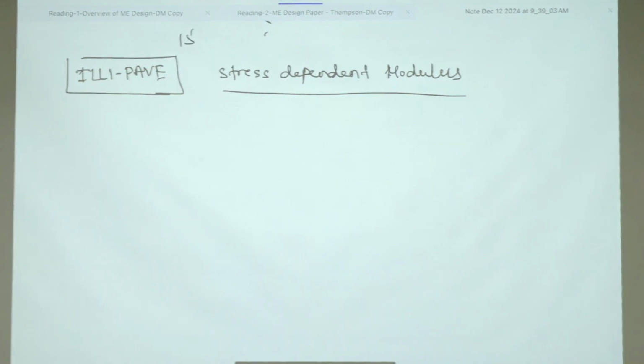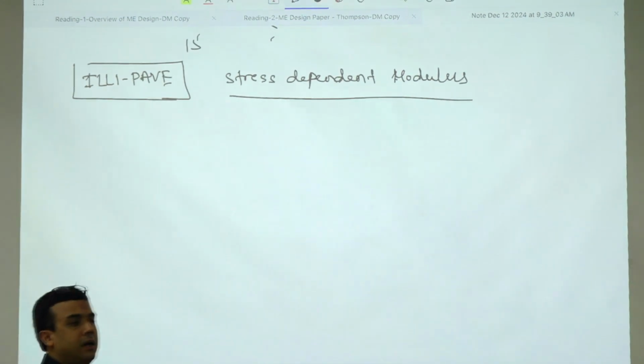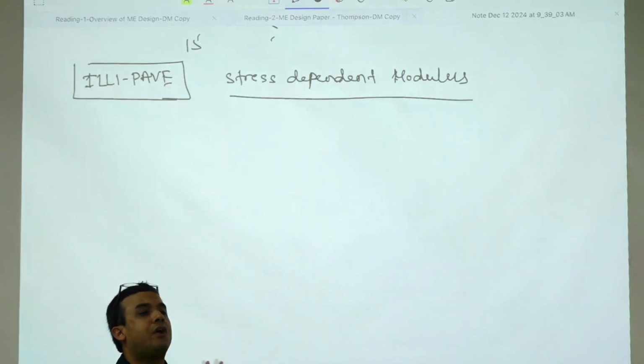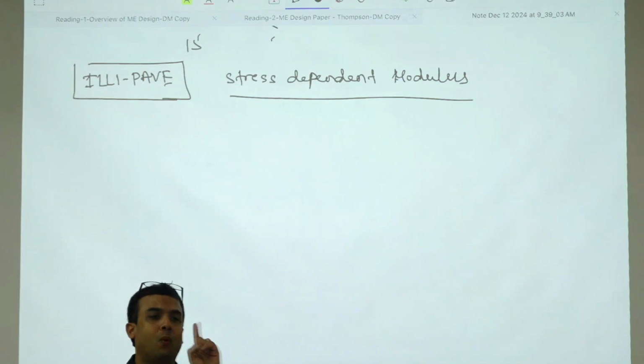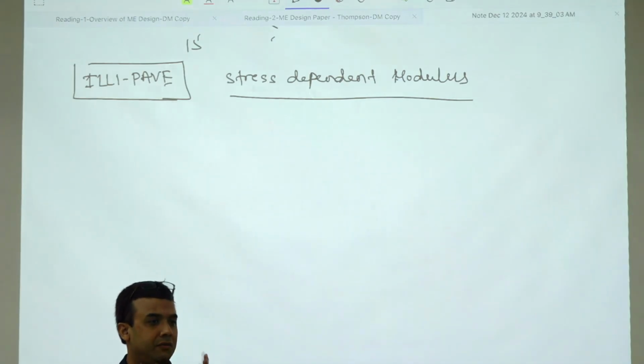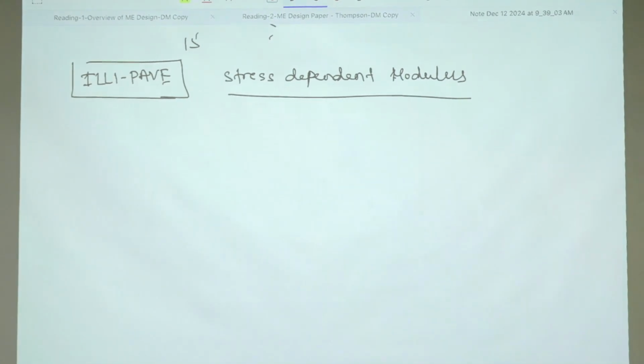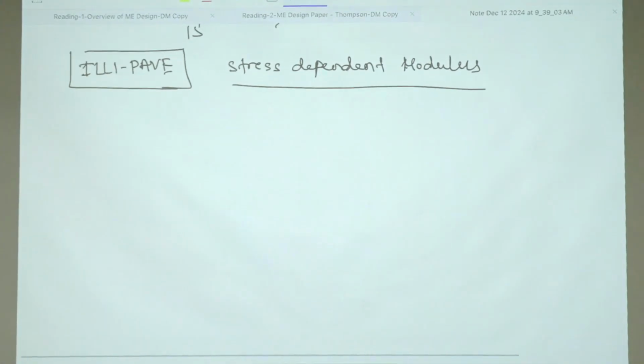We'll look at it. It can address stress dependent modulus. Now let's think of a way you can come up with one modulus value, and we have discussed everything for you to have this, and you may have to write this down with me so that you follow what is going on. Let's say we take a representative pavement, right?